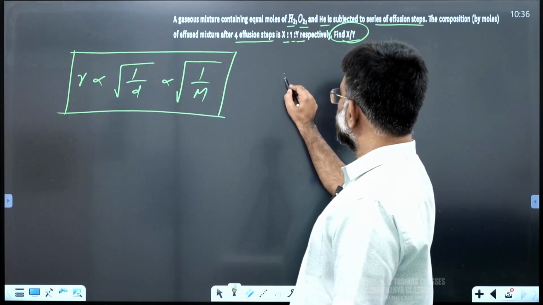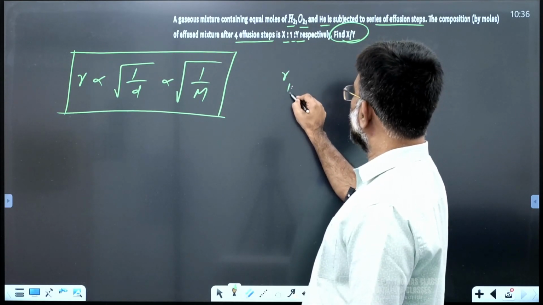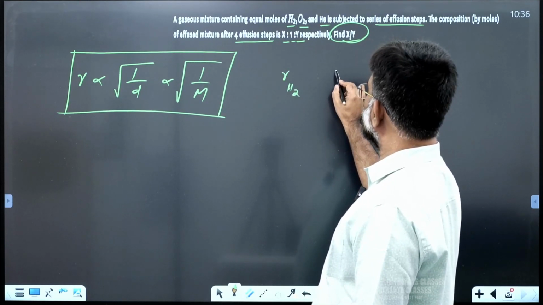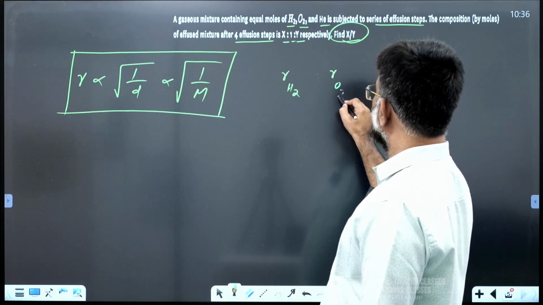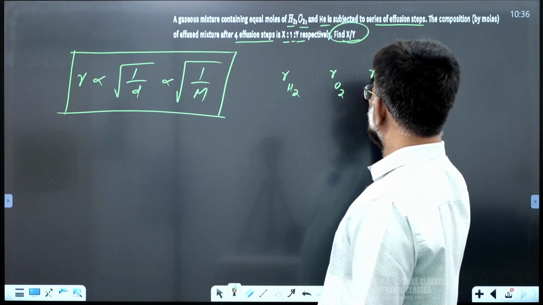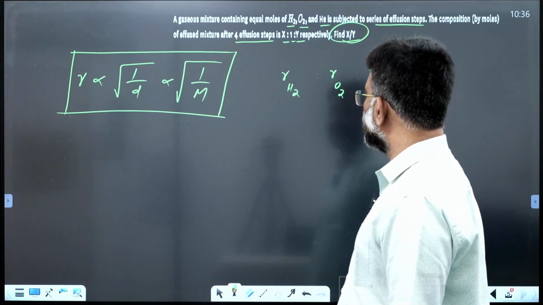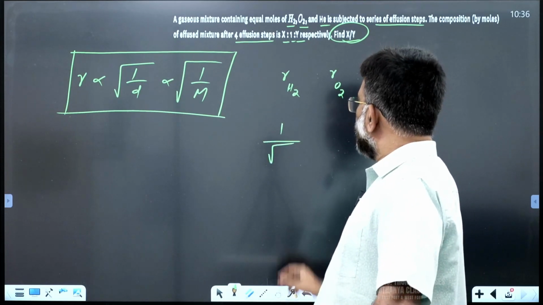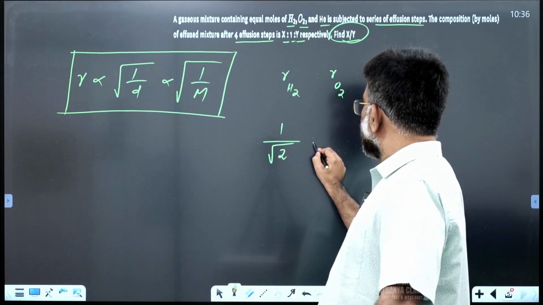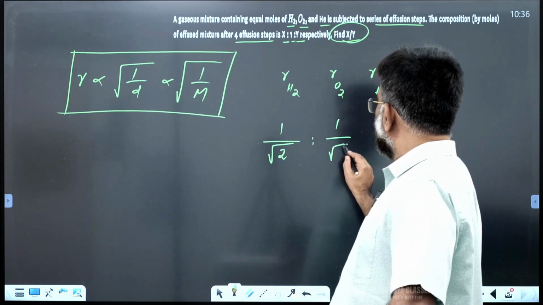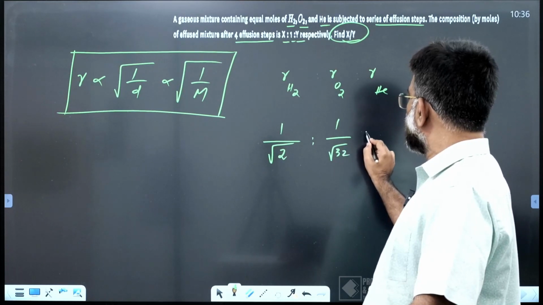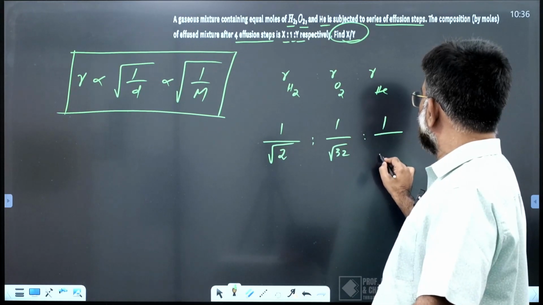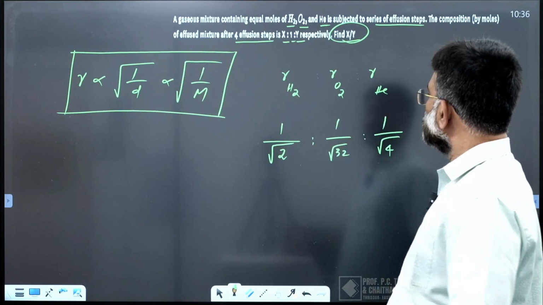So here it is rate of diffusion for hydrogen versus oxygen versus helium. So it will be 1 by root of molar mass of hydrogen 2, to 1 by root of molar mass of oxygen 32, to 1 by root of molar mass of helium 4.